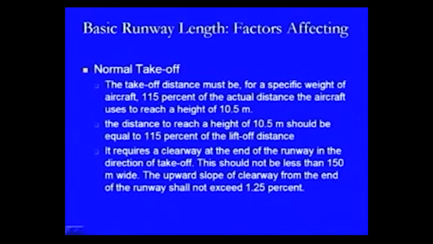and it requires a clearway at the end of the runway in the direction of takeoff, because we are moving away from the runway strip. If there is an emergency or the aircraft is not able to complete this distance just at the end of the runway strip, then this clearway will help maintain safety.